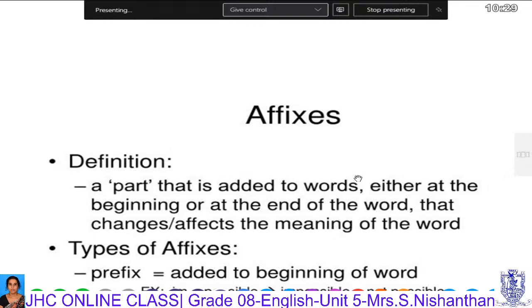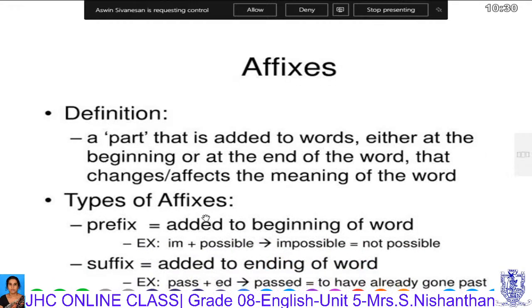What is an affix? A part that is added to words either at the beginning or at the end of the word that changes or affects the meaning of the word. There are two types of affix. They are prefix and suffix.